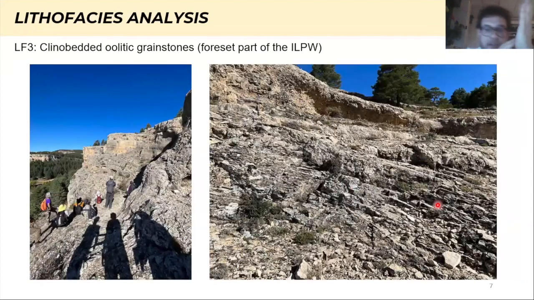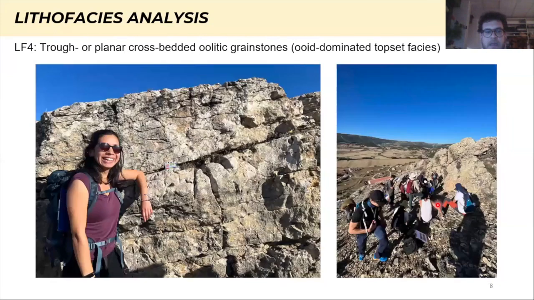Then lithofacies number 3, characterized by clino-bedded oolitic grainstone, large scale and low angle, 5 to 10 degrees, clinobeds composed of variable size and moderately sorted ooids and other minor components. Lithofacies number 4, trough or planar cross-bedded oolitic grainstone, decimeter to metric thick sets composed of variable sized and well-sorted ooids and scarce skeletal and quartz grains.